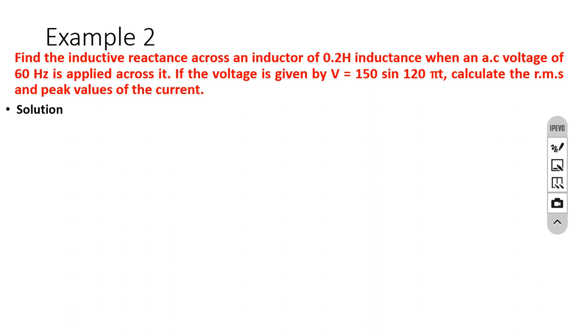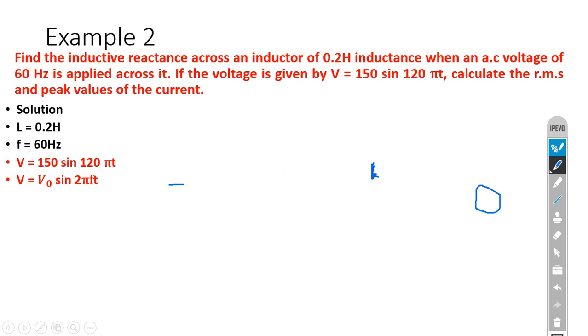Let's proceed. 0.2 Henry is given. Frequency 60 Hz. Then potential difference V is also given. So you see clearly this is the expression in our first class.